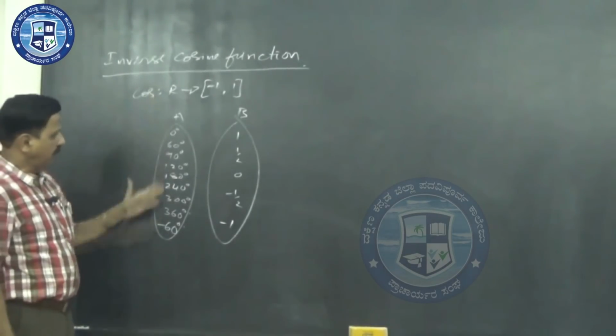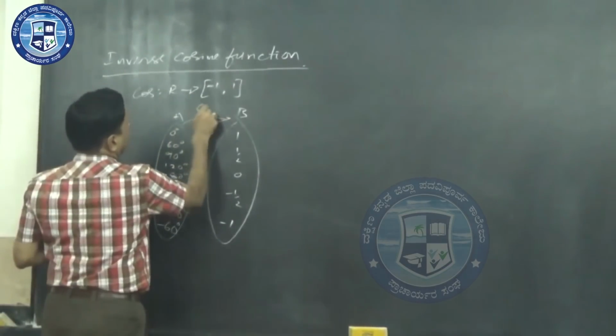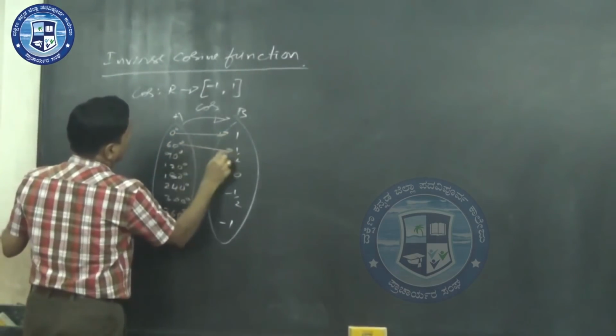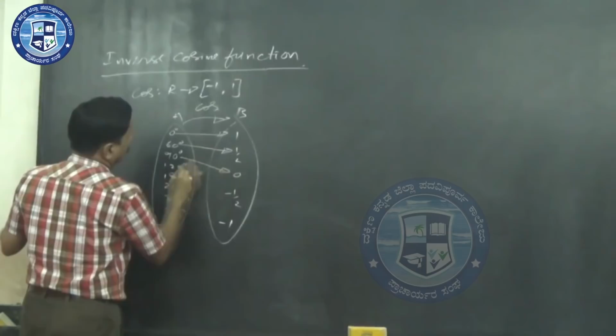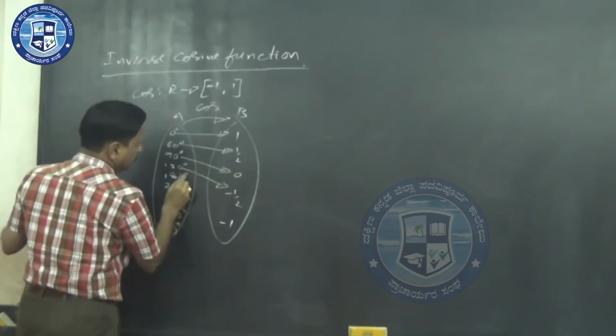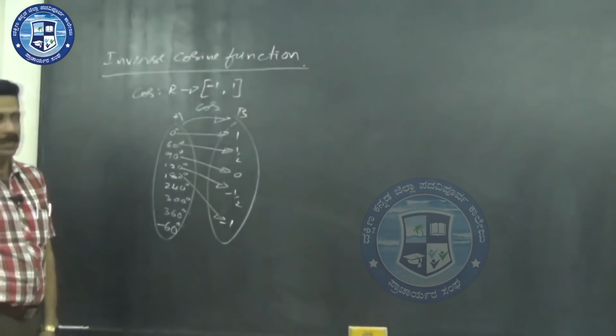You can include any number of angles because set A is real number set. And this is cosine function. And cos 0 is 1, cos 60 is half, cos 90 is 0, cos 120 is -half, cos 180 is -1, cos 240, it's third quadrant, this is -half.